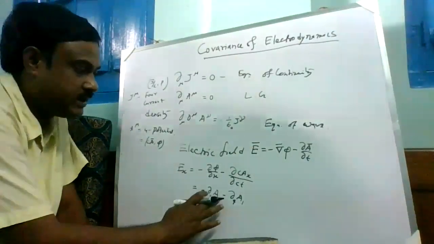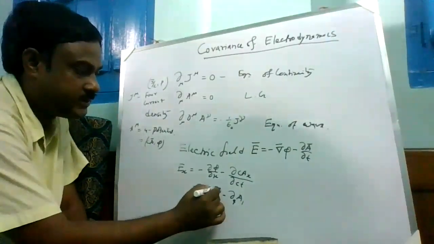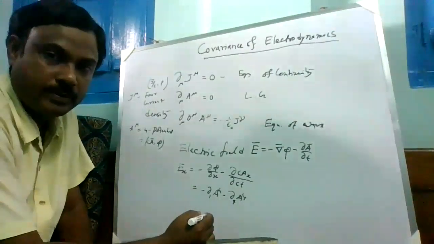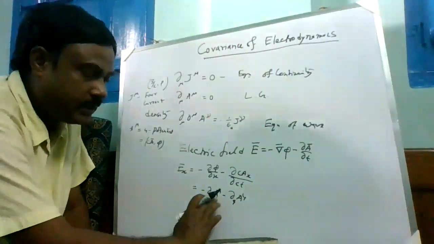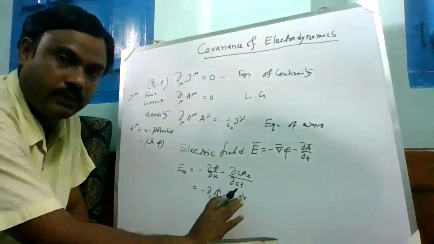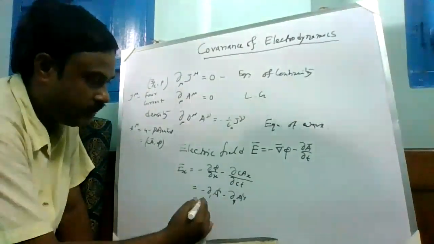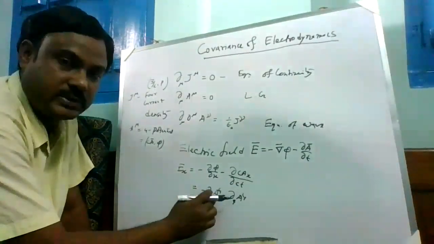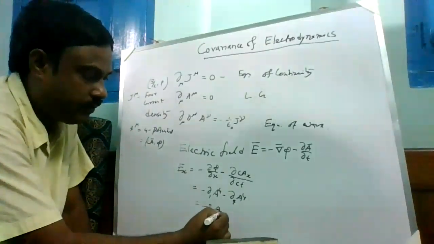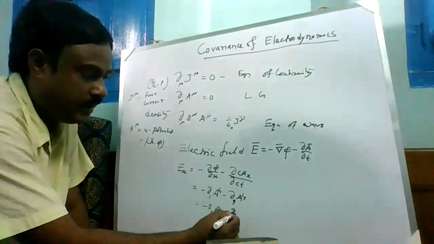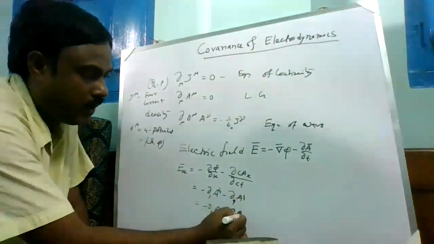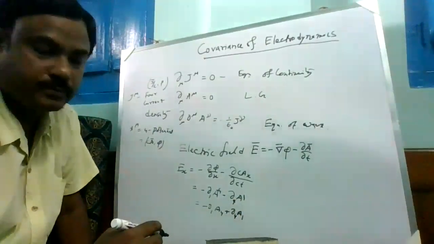If you write in contravariant form the signs are the same, but in covariant form the sign does not change.